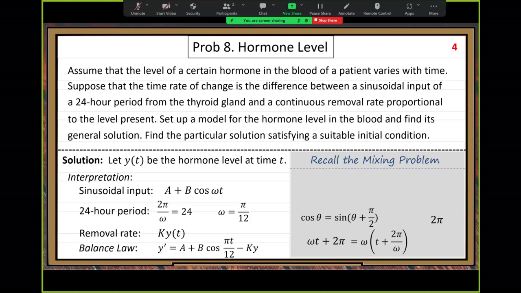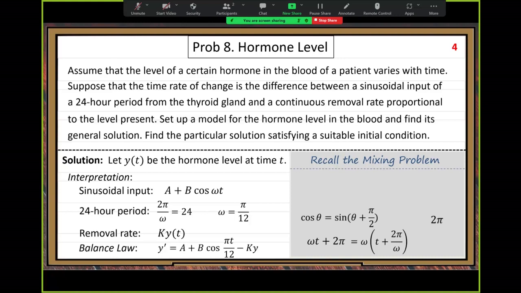Here, I will only set up the model first, because if we use symbols, the computation could be very complicated. So first, let's understand the question.